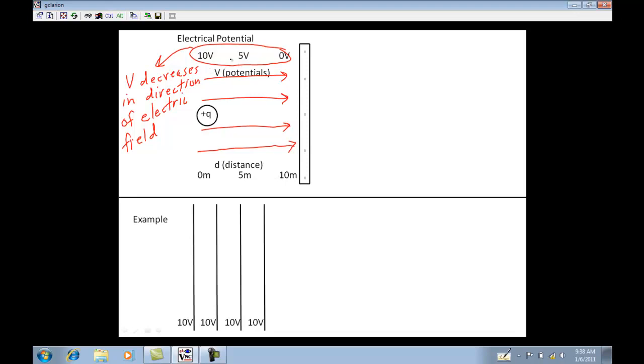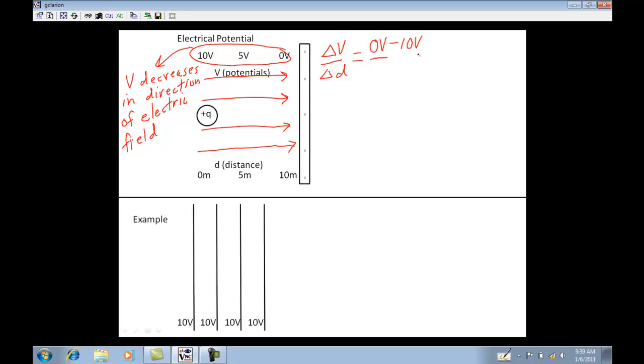So if I take my equation from before, delta V over delta d, and set that equal to the final potential minus the initial potential, what would the final potential be in this setup? 0 volts. And the initial potential? So I'm going to subtract 10 volts from that.